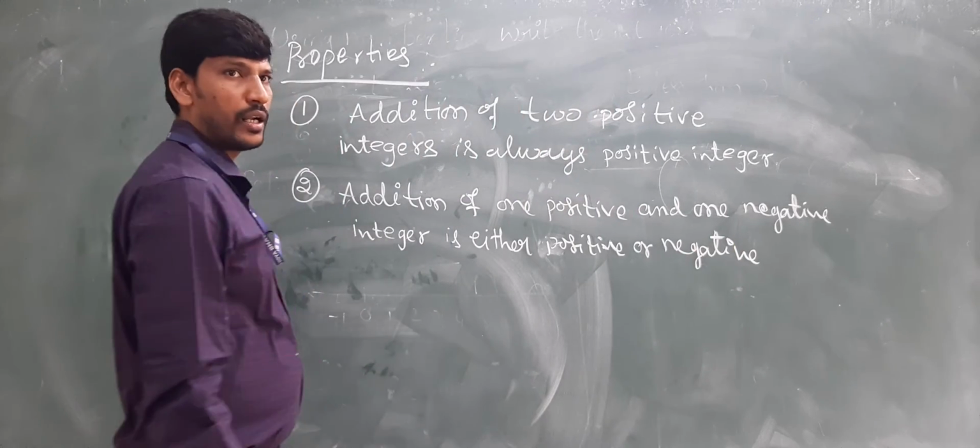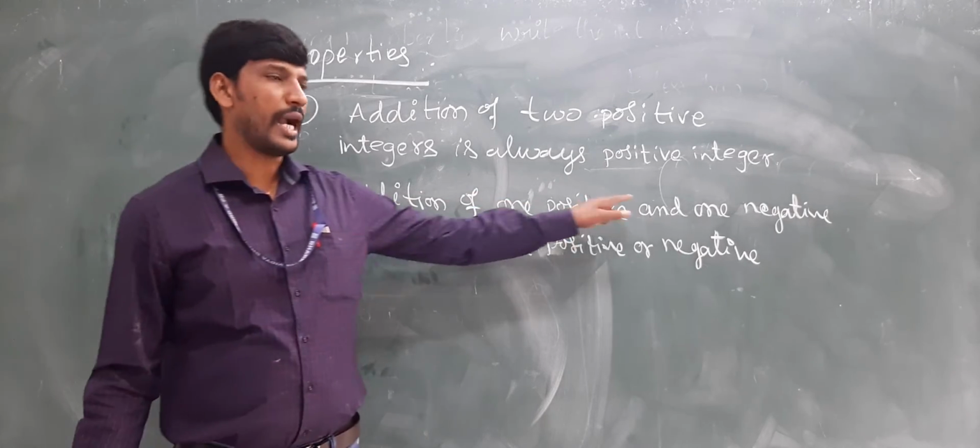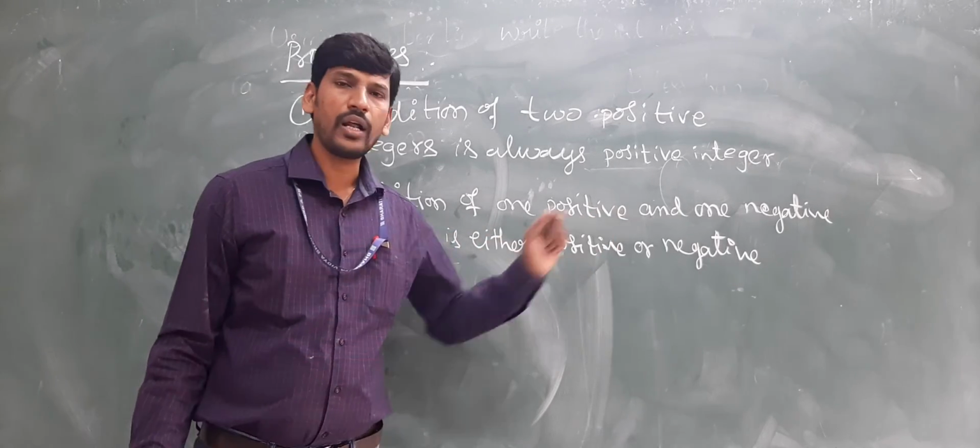Clear? Okay? Right. So addition of one positive and one negative integer is either positive or negative.